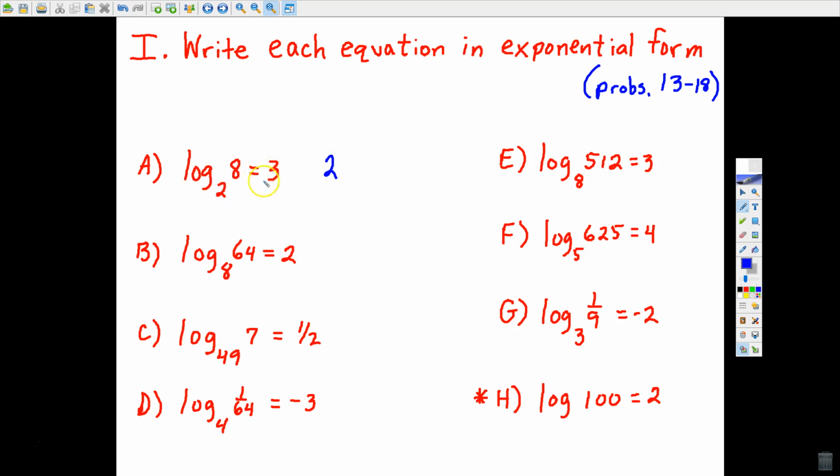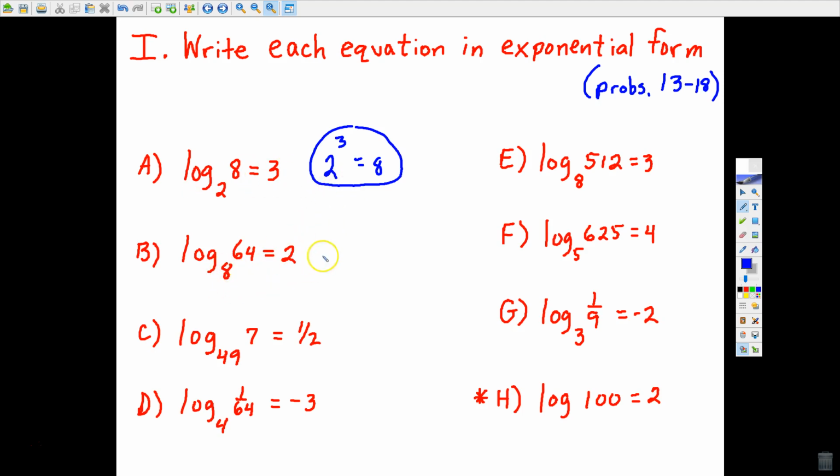Logarithms are exponents, so I'm looking at an exponent of 3. Logarithms are exponents, so that means the base of 2 is going to be raised to the 3rd power, and that has to equal 8. Alright, and that's true. So again, we're just taking one form and we're writing in an equivalent form, a different form, but it still means the same thing. Okay, that's my answer for letter A.